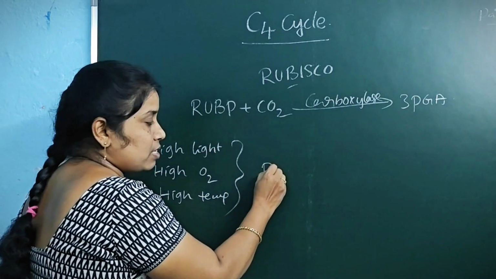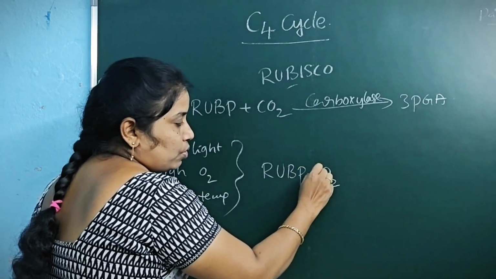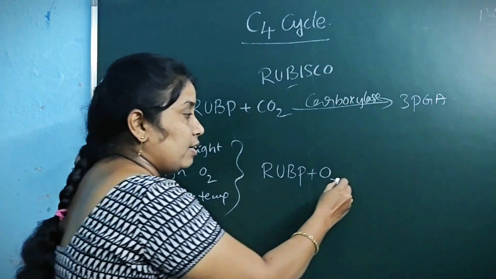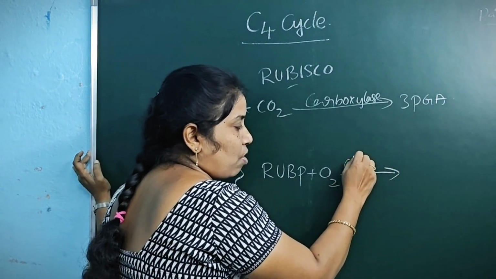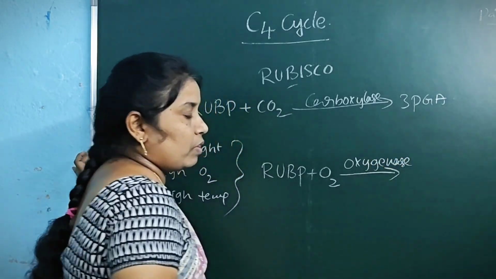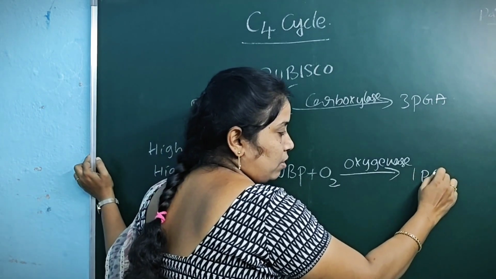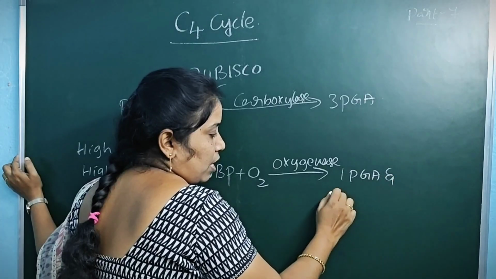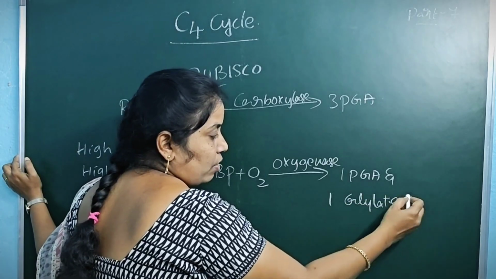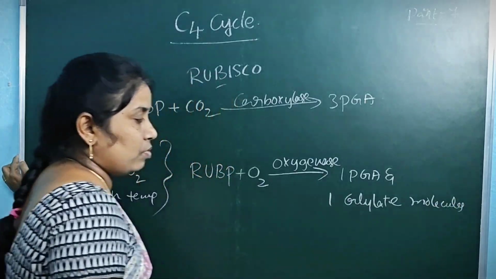Then what happens? It adds O2 to the RuBP instead of carbon dioxide. Then one PGA molecule and one glycolate molecule are formed.